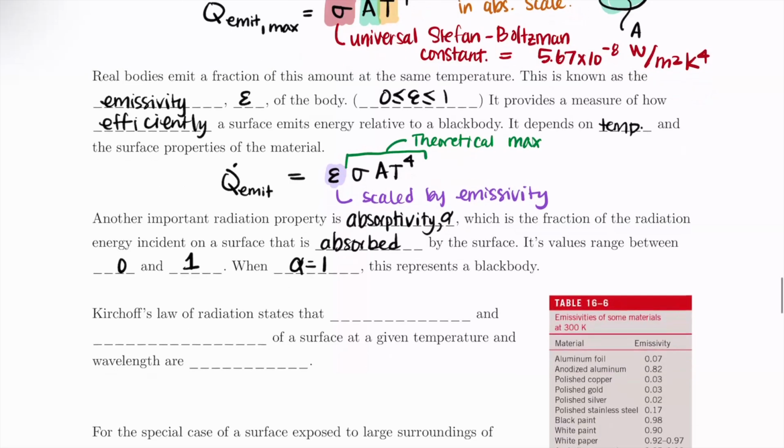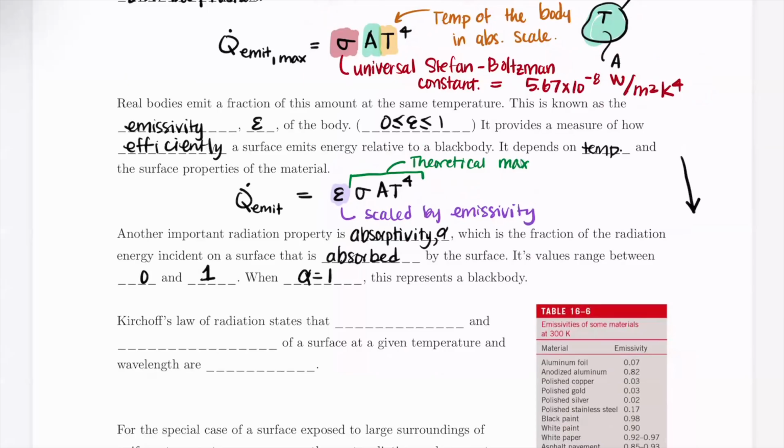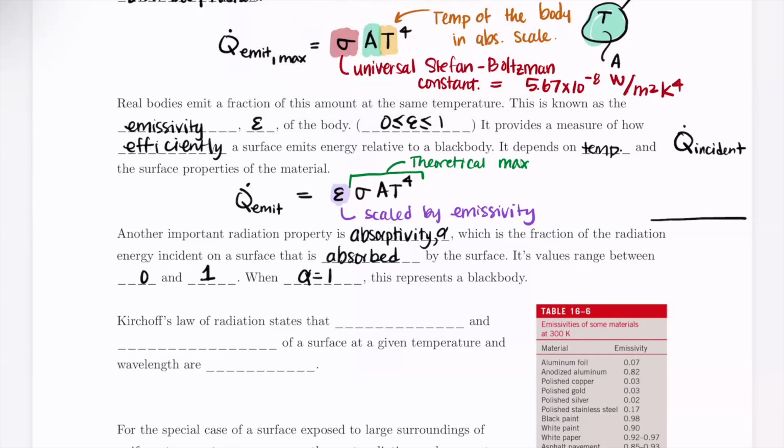Okay, so if we have some incoming radiation onto a surface, so I'm going to call this Q dot incident. So this is some incoming radiation. What will happen is this will break into two parts, essentially. So it will get binned. All right, so here's our incoming radiation.